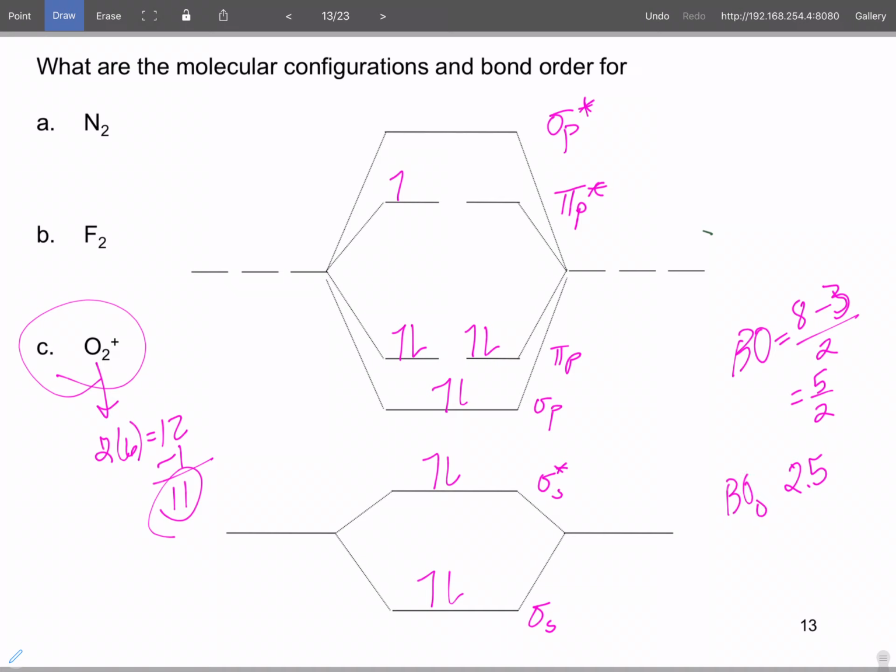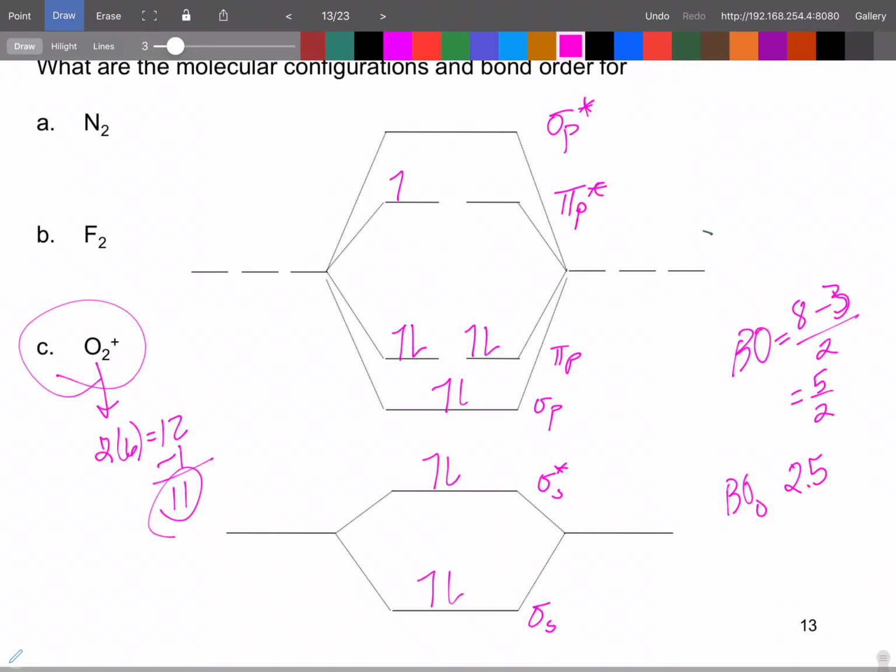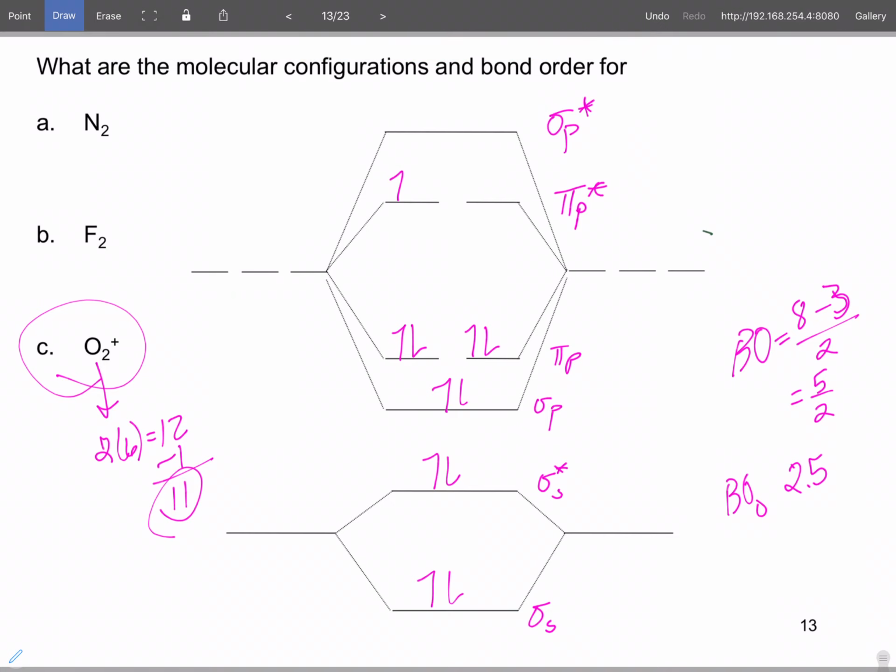Again, just out of sheer entertainment value, let's go ahead and do a second one. What happens if we had O2 2 minus? So that would be 2 times 6, which is 12. We have a negative 2, so that's plus 2, so we would have 14 electrons there. So 1, 2, 3, 4, 5, 6, 7, 8, 9, 10, 11, 12, 13, 14.